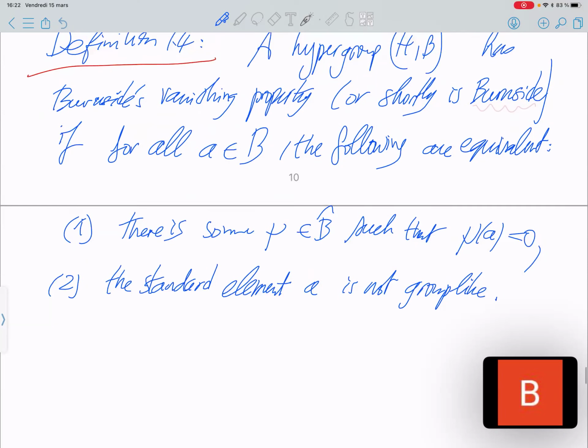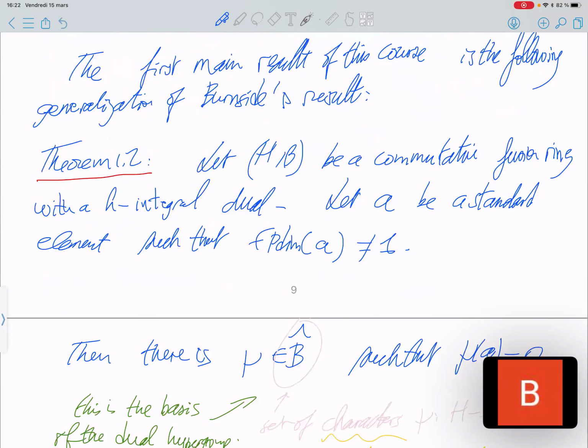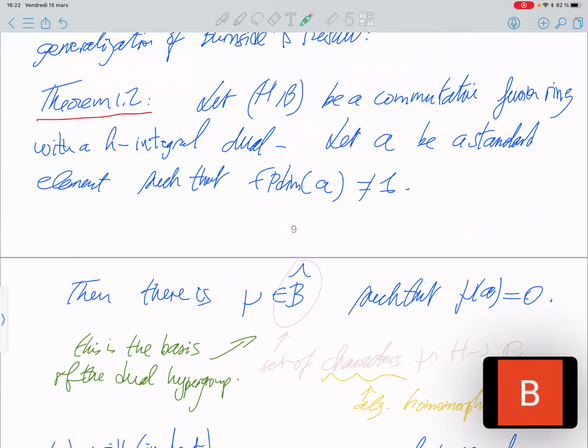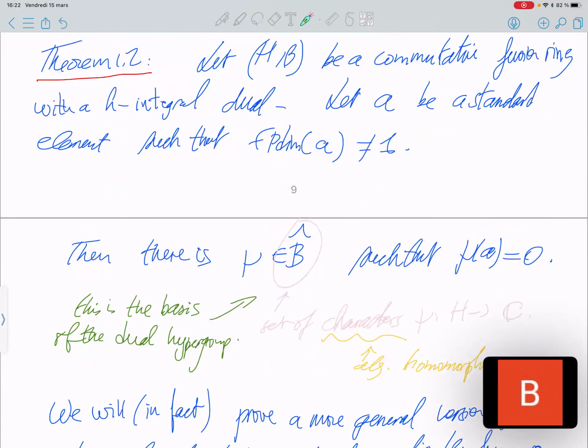So is it clear that it is the generalization of what we get in theorem 1.2? Here we have only one way. If it is different from 1, so if it is not group-like, then it is 0.